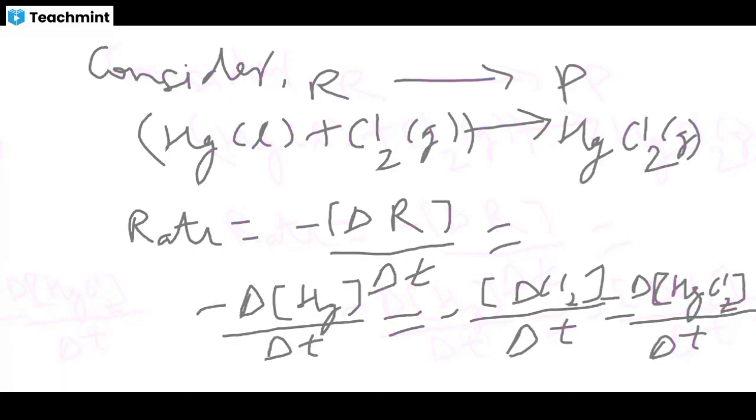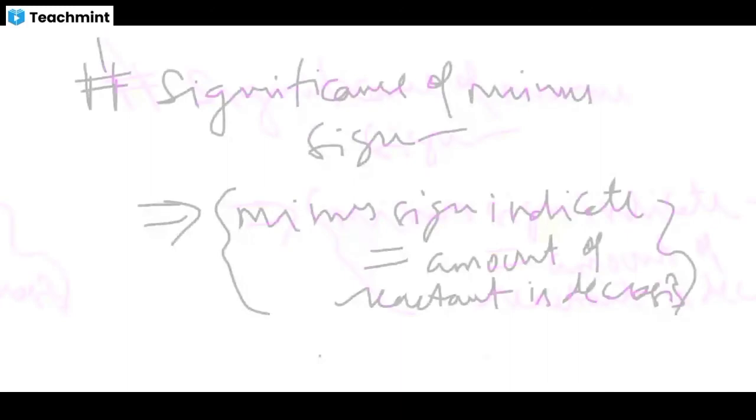Now if we want to move further, we have two questions to solve. This is the NCERT in-text question given in your textbook: for the reaction R to P, the concentration of reactant changes from 0.03 M to 0.02 M in 25 minutes. Let's move to the numerical.